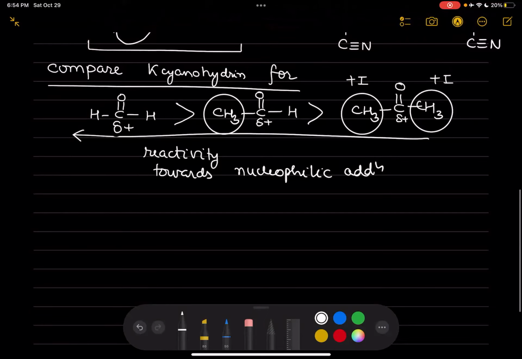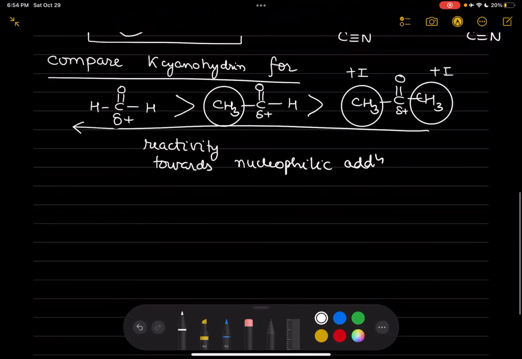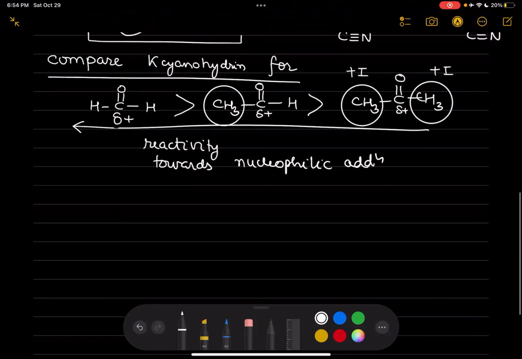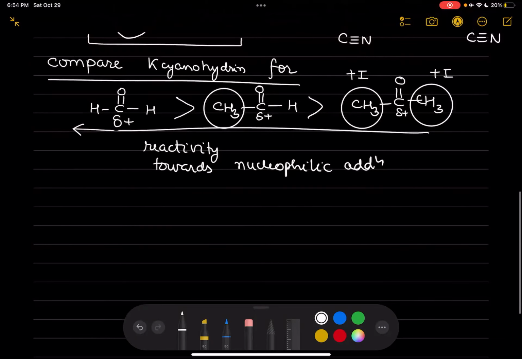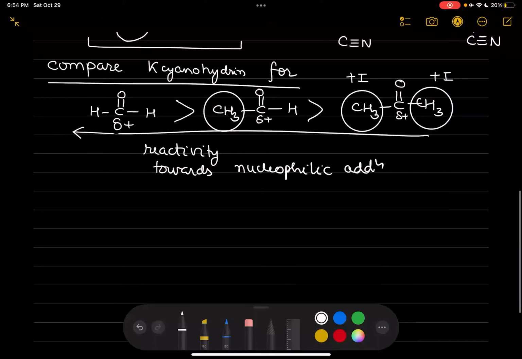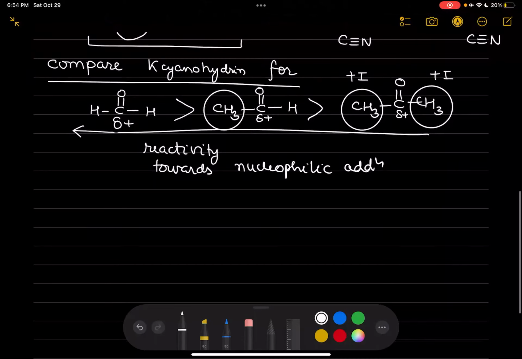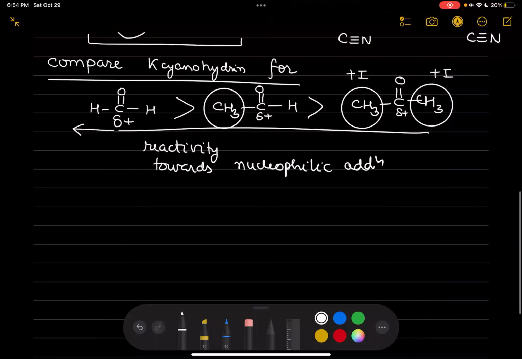So as you are having more and more bulky groups, the rate of nucleophilic addition is going to come down. As you are having more and more electron withdrawing groups, they are going to increase it, and if electron donating groups are there, they are going to decrease it.